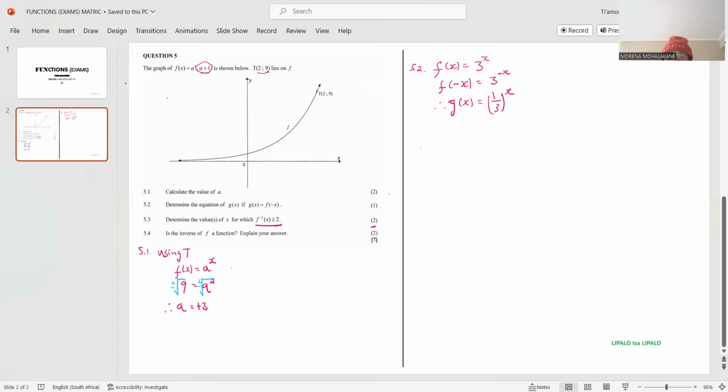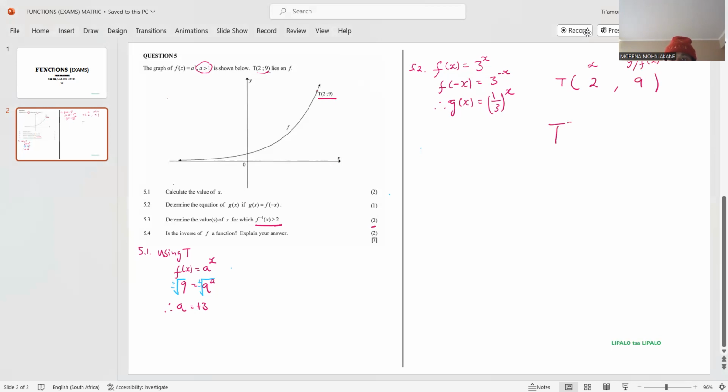I don't think you need to find the formula here, right? So look at the value of 2. Look at t, there's 2. But on t, you have 2 as the value of x, then 9 is the value of y. So I have x, then I have y here. Also can be represented by f of x, right?